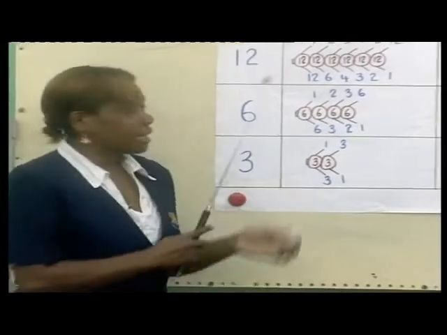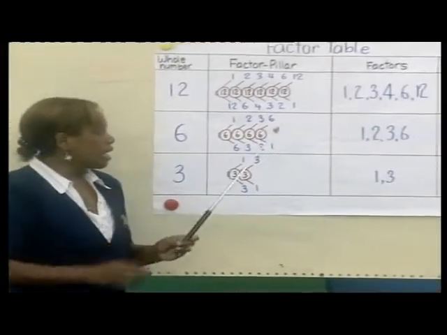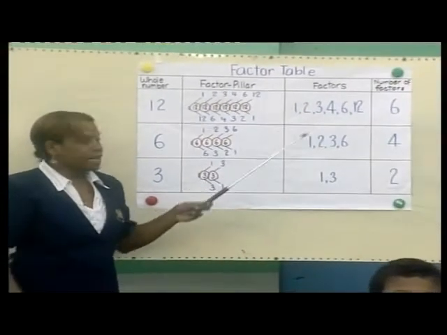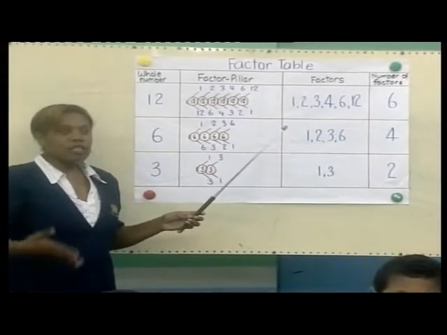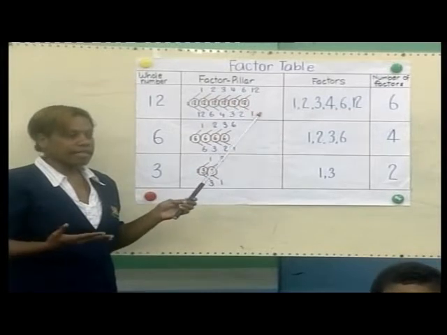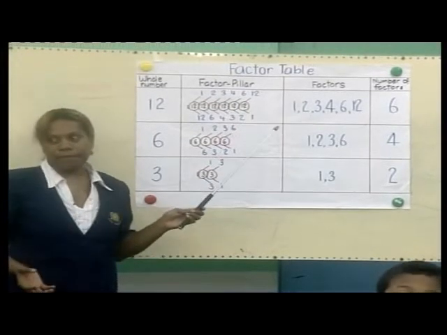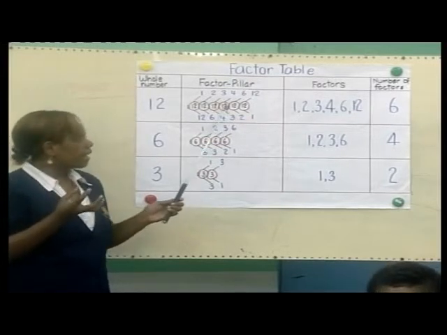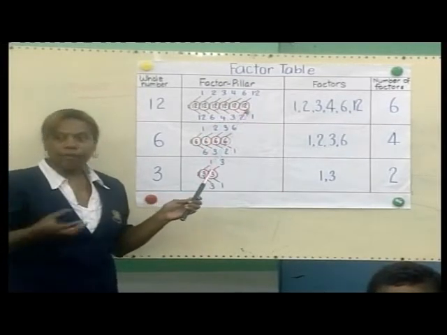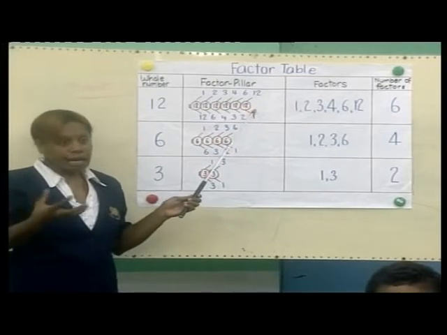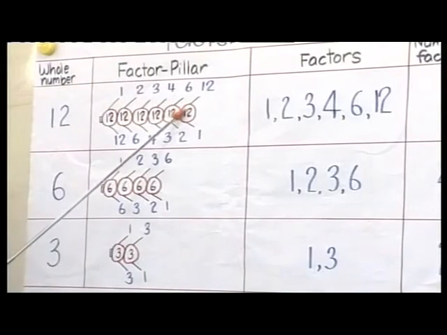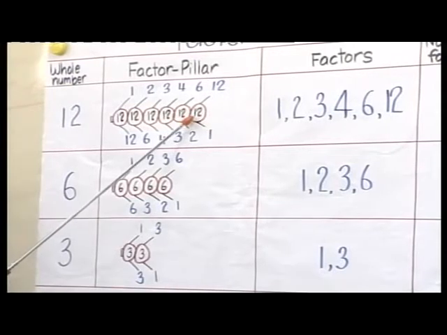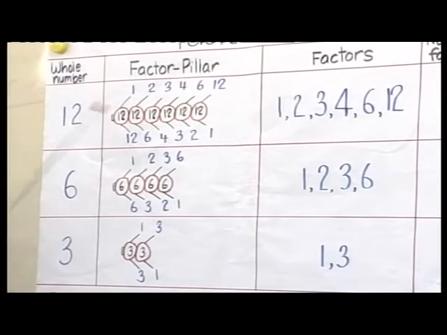So this chart up here, class, receiving students, explains the number of factors of a whole number. In our previous lesson we only looked at the diagram, the factor pillar, and you picked out the factors from the diagram.